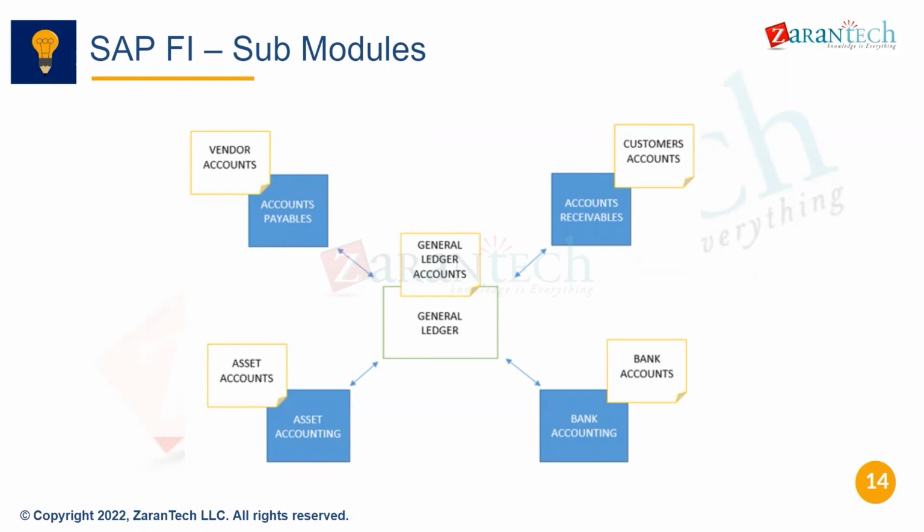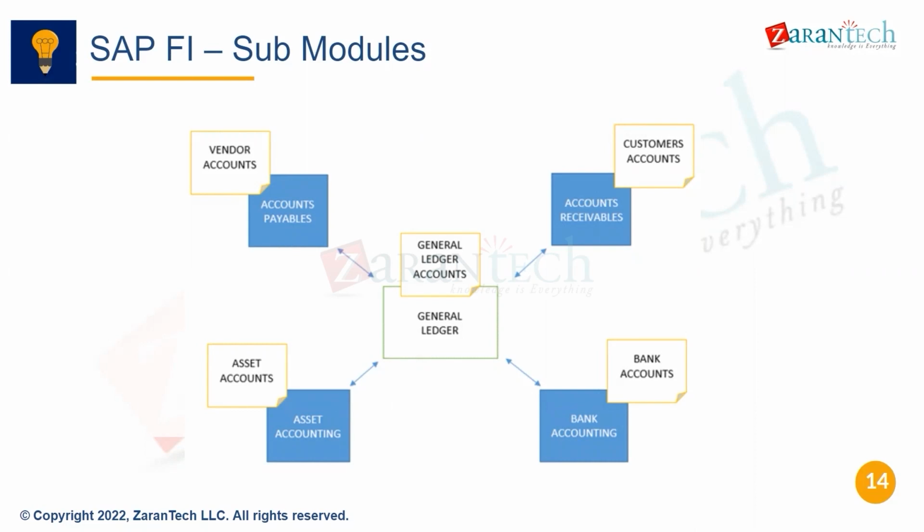And then we have accounts payable, that is to manage the vendors, how we record all the invoices that we receive from the vendors, and we manage the payments that we need to make to the vendors. There would be several payment methods. Some vendors request checks, some request bank transfers. We will learn all these configurations, how the payments will be made to the different vendors.